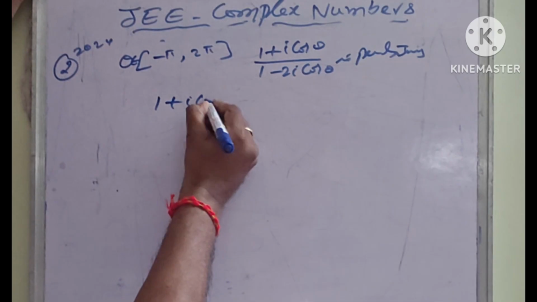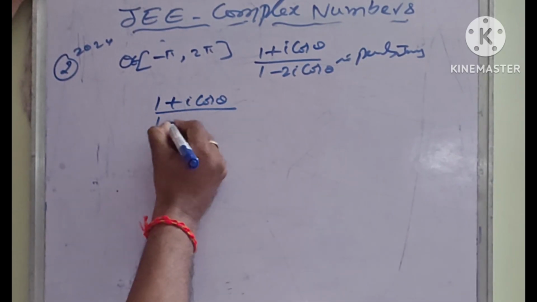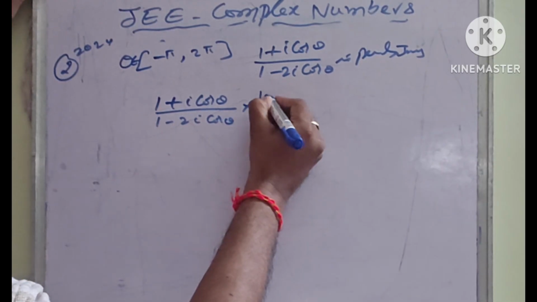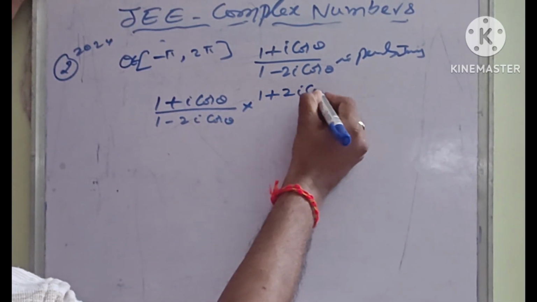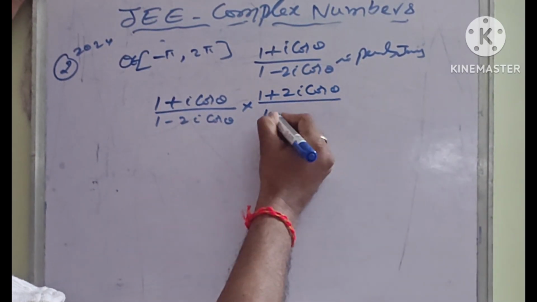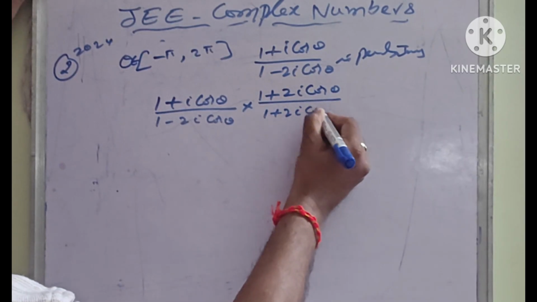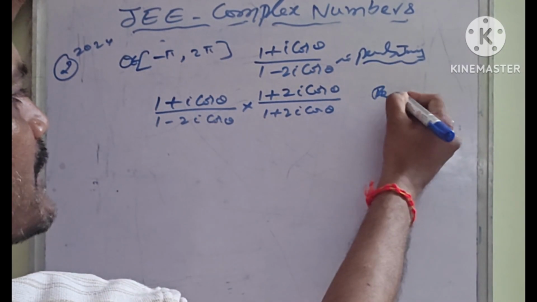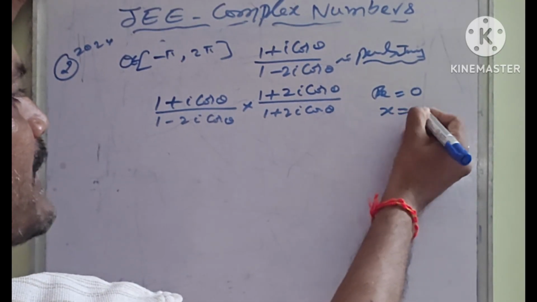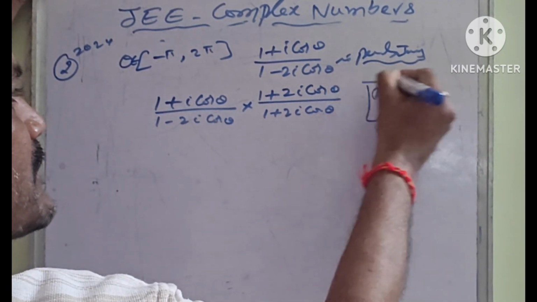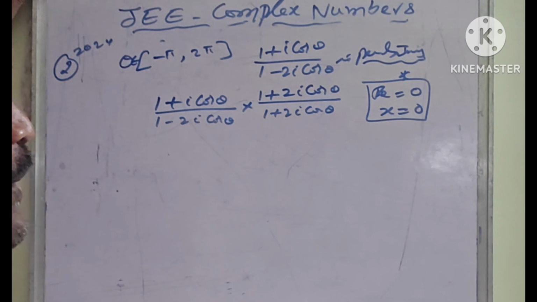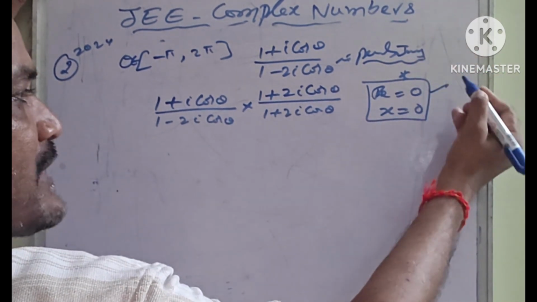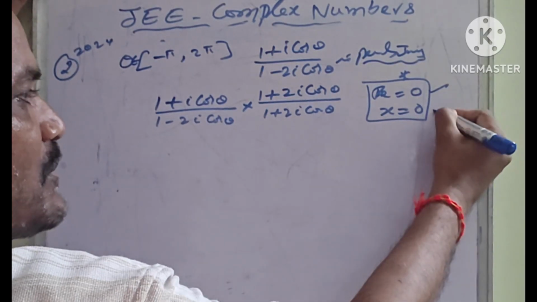We know that we rationalize, so multiply by (1 plus 2i cos theta) by (1 plus 2i cos theta). Purely imaginary means the real part is 0. Real part means x is equal to 0. This is the most important thing: purely imaginary, the real part is 0; purely real, the imaginary part is 0, and y is equal to 0.